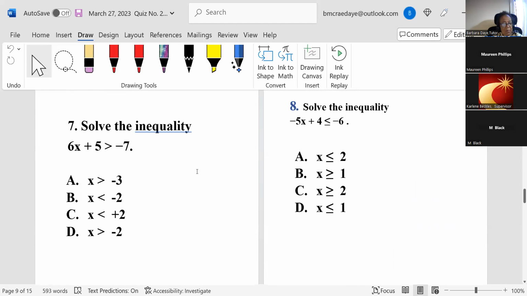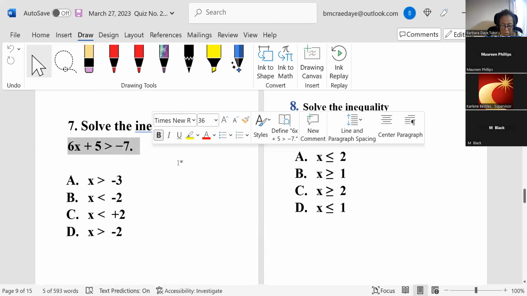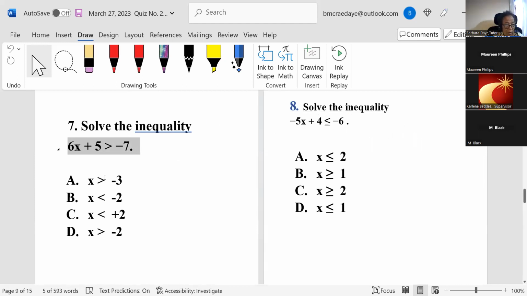I subtract 5 from both sides, right? Okay. Very good. Let me copy that. Subtract 5 from both sides. Very good. That would get your constants together. So -5, and on the right side, -5.